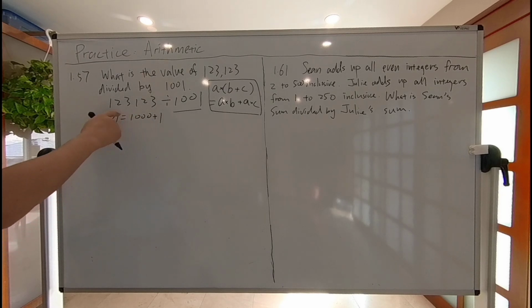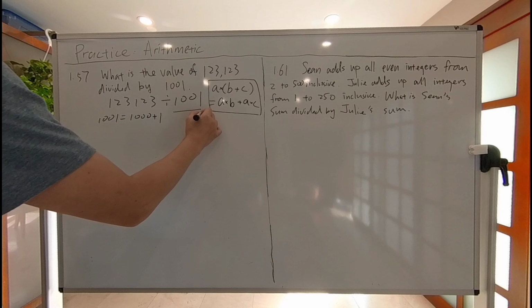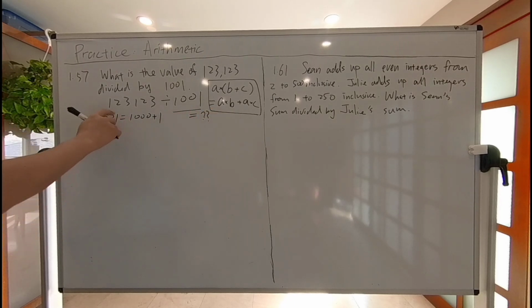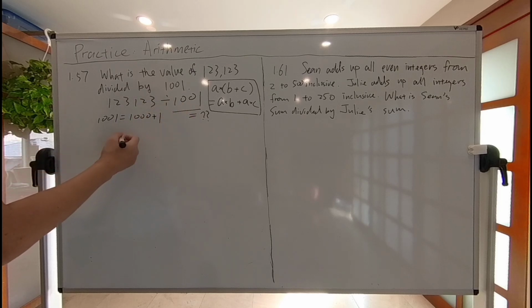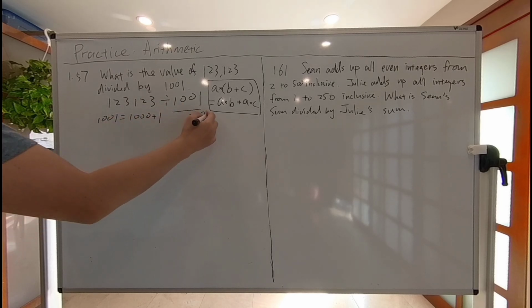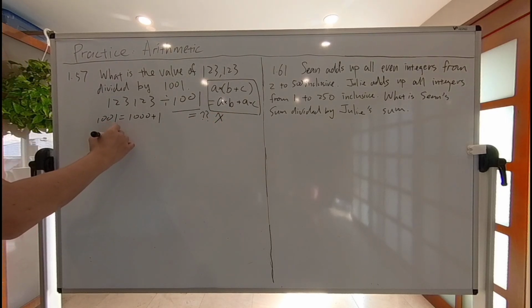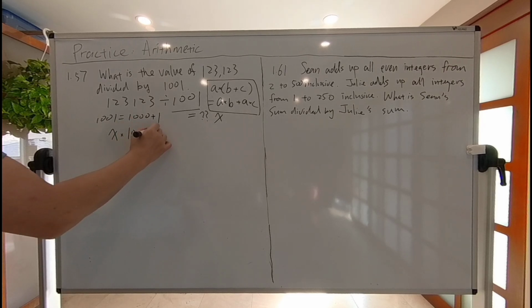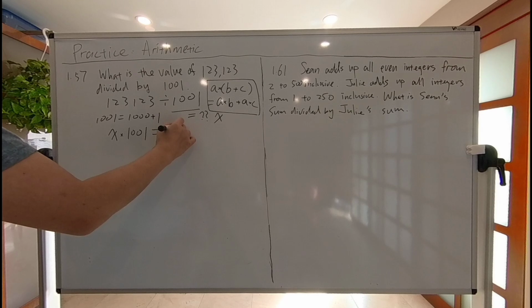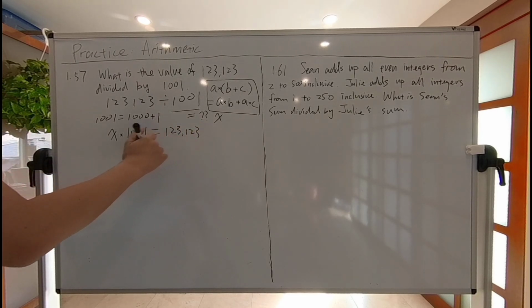Now we still have to convert this question a little bit, because we're looking for the quotient of dividing 123,123 by this number. So this is equivalent to looking for, let me replace it with the symbol x, the number x such that x times 1001 equals 123,123.